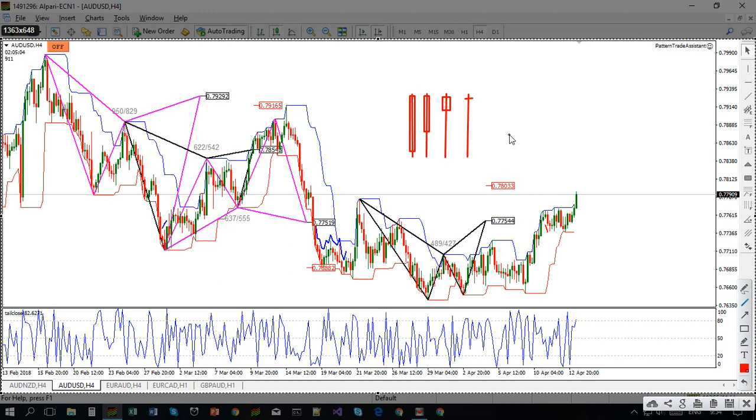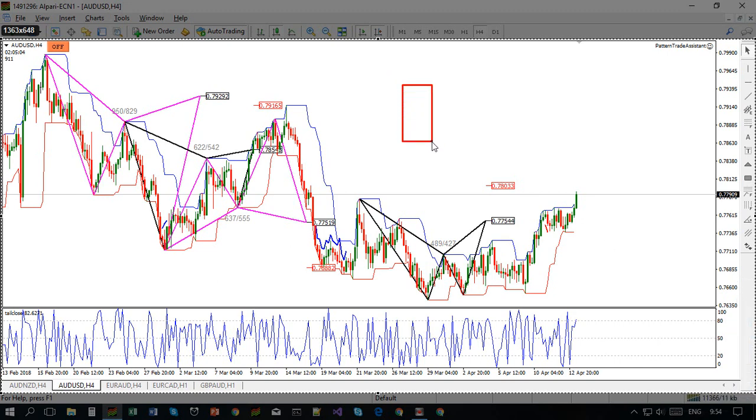Okay, as for bearish candles, let's draw bearish ones. I will delete them all, and I will draw all the bearish candle variations. I think we need to draw it this way.